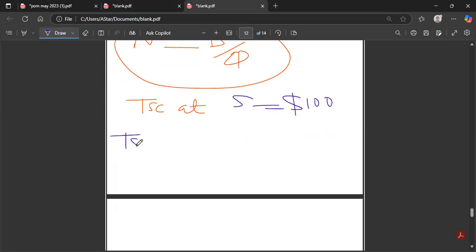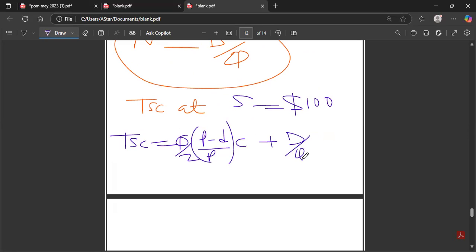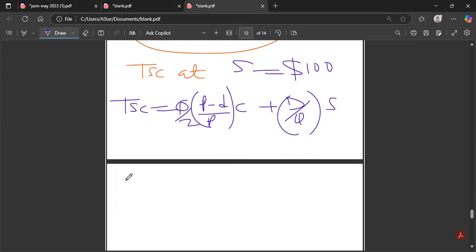So our total stocking cost will be equal to Q over 2 times (P minus D) over P times C, plus D over Q times S. So our total stocking cost will be what? Who can find for us? Now Q here we found 516.39. Do you remember?